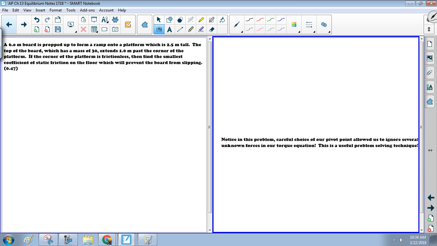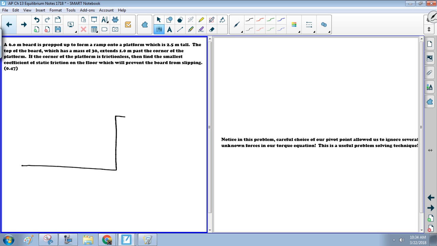All right. So first of all, you got to make a drawing. So we've got a board that's 6 meters long. It's propped up to form a ramp onto a platform that's 2.5 meters tall. The top of the board extends 2 meters past the corner of the platform. So it sounds like you've got a platform that's 2.5 meters tall.